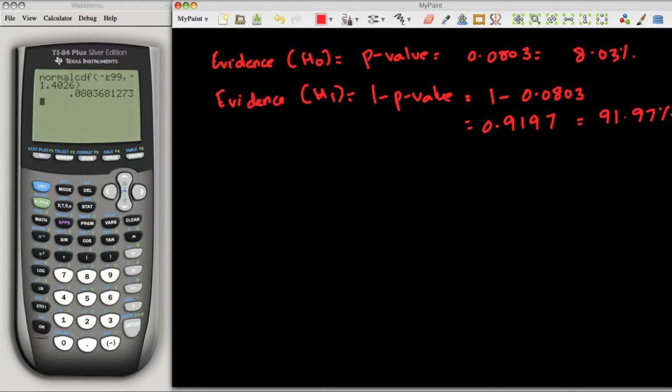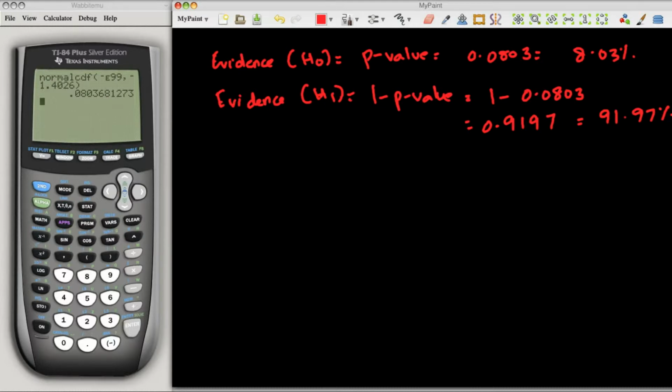Although this informal approach could be used in certain situations, using the evidence-based conclusion could get quite confusing. For instance, if the evidence toward the null is 49% and evidence toward the alternative is 51%, then you're sort of evenly split.